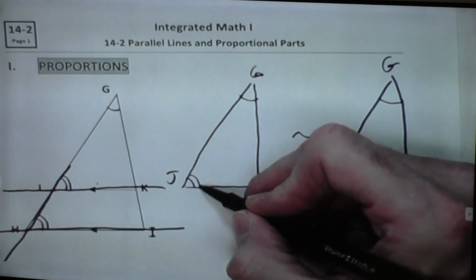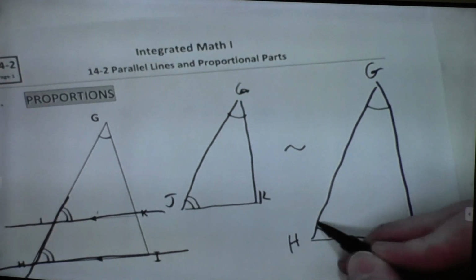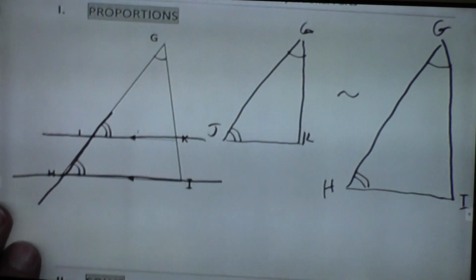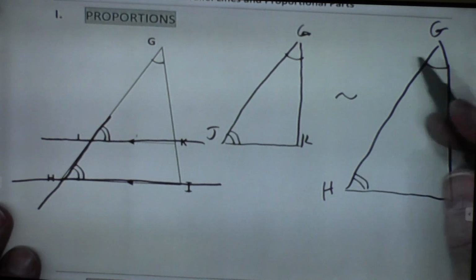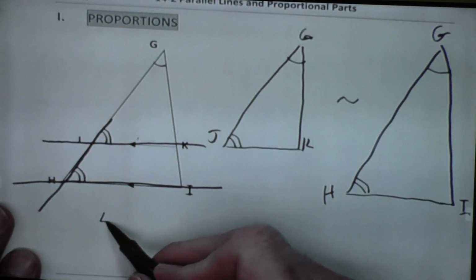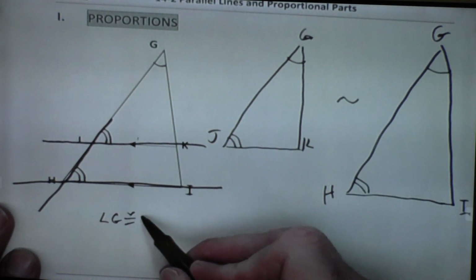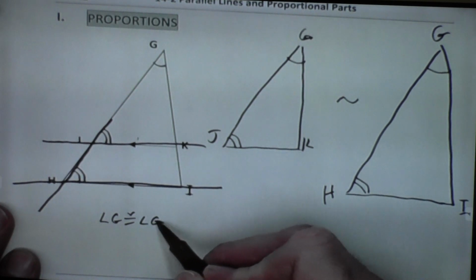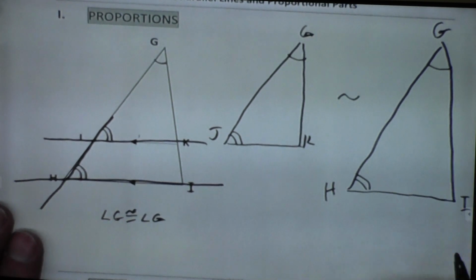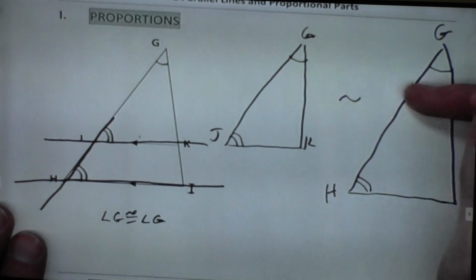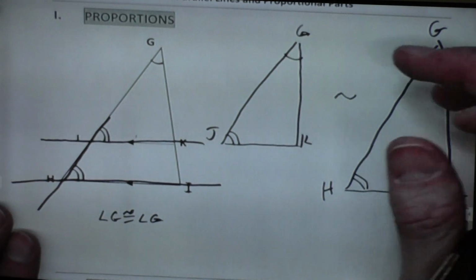Which means over here, I have, right here now, angle G is congruent to angle G. That seems simplistic, but you still need to write it, because they are two different triangles, even though it's the same angle.